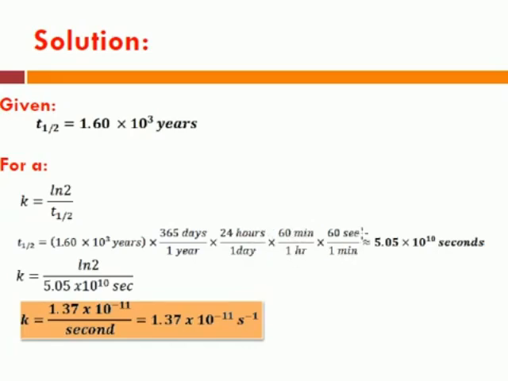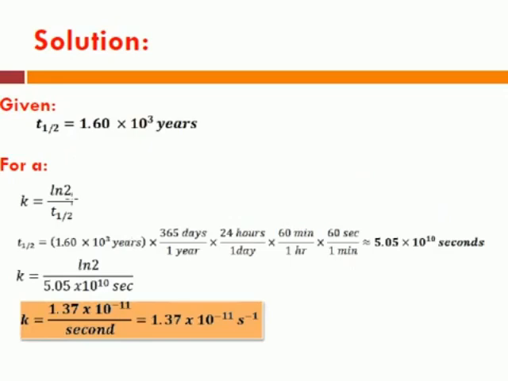And in 1 minute, we have 60 seconds, so cancel the minute, so the unit will be in seconds. If you multiply this, you will get approximately 5.05 times 10 raised to 10 seconds. So that is the half-life of Ra-226 in seconds.